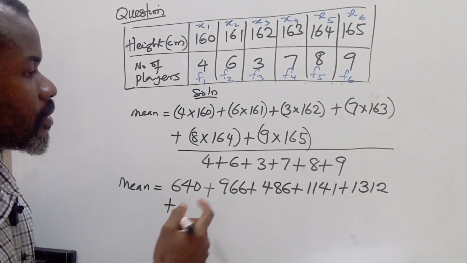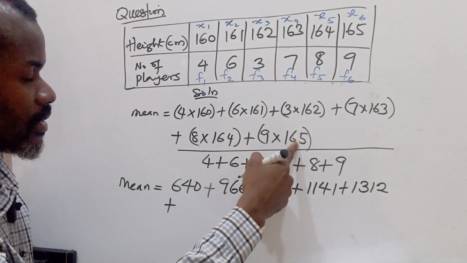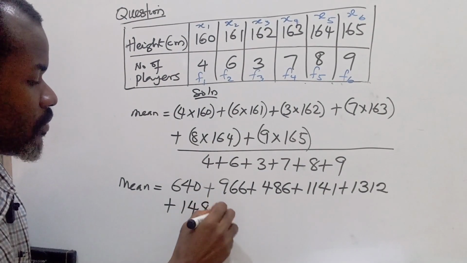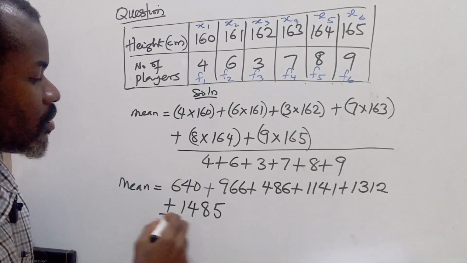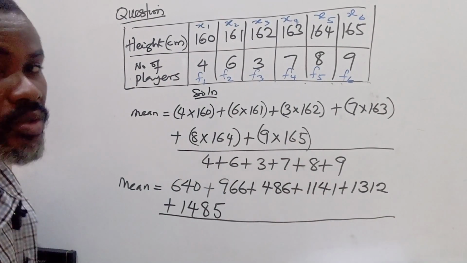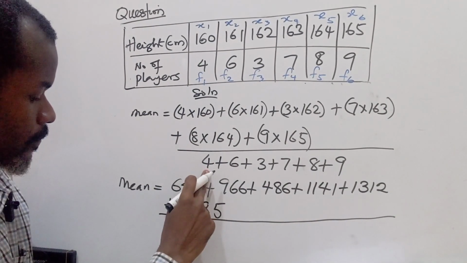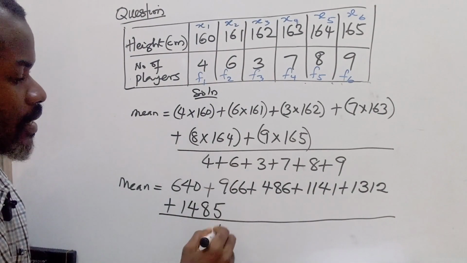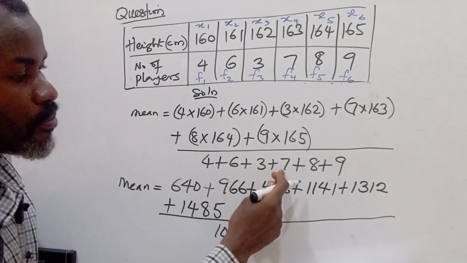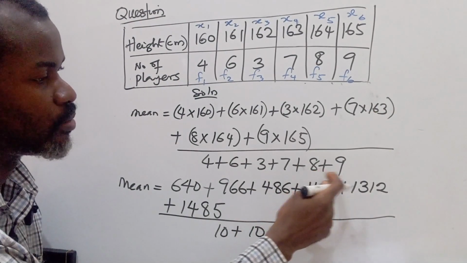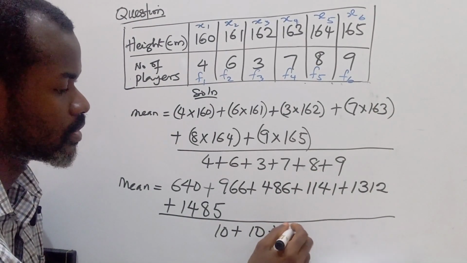So plus 9 times 165 is going to give us plus 1485. Remember, all these are divided by the sum below, so let's sum all this. I have 4 plus 6 is 10, plus 3 plus 7 is another 10, plus 8 plus 9 is 17.